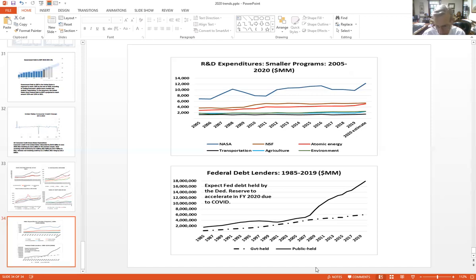Let me see if I can bring these off the screen so that we can wrap up here. There we go. These economic trends in the U.S. should give you some general idea of the major forces that are going to be acting.